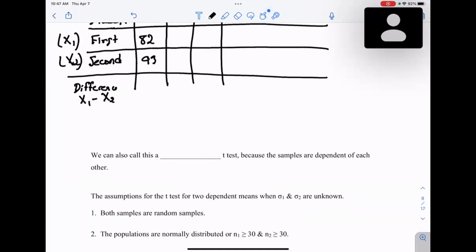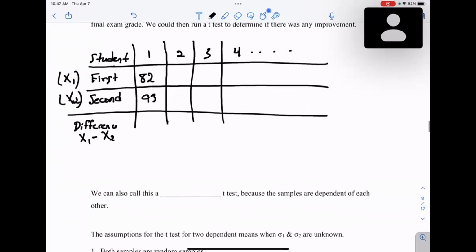So we're going to take the first exam score minus the second. That gives you minus 11. And say the next one, they got a 90 and an 80 here. Then that difference would be 10. 90 minus 80 is 10. And we do that for every student in the class.